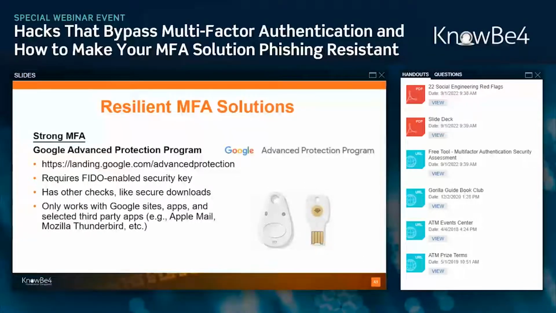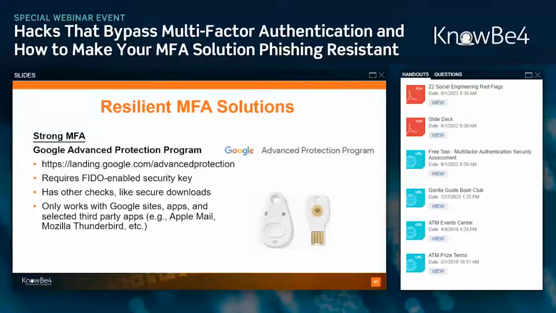When you enable a device, and it doesn't have to be a Google device, it can be almost any FIDO-enabled security key, when you enroll it in the Google Advanced Protection Program, that means that it has to be FIDO-enabled, so that gives you phishing resistance. And it has other things, like it does secure downloads, it scans the downloads, it does things like that.